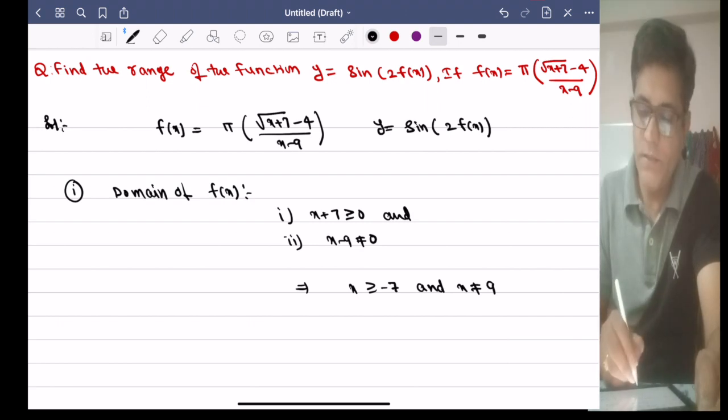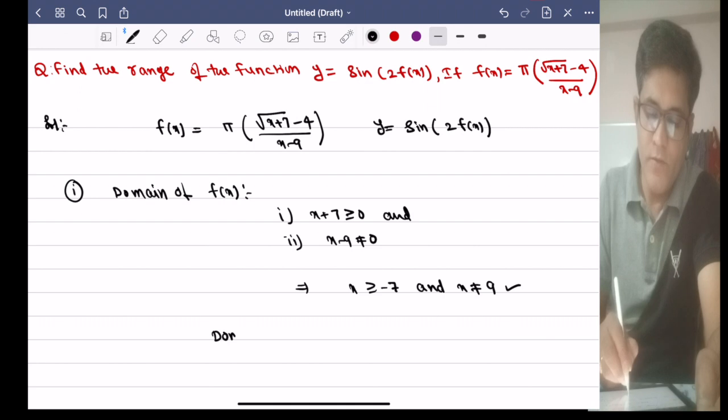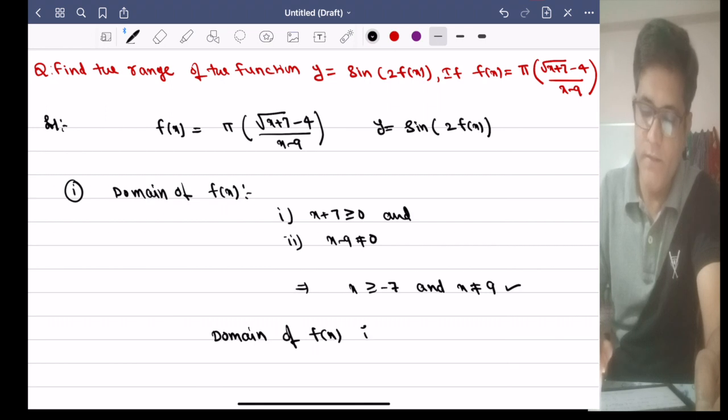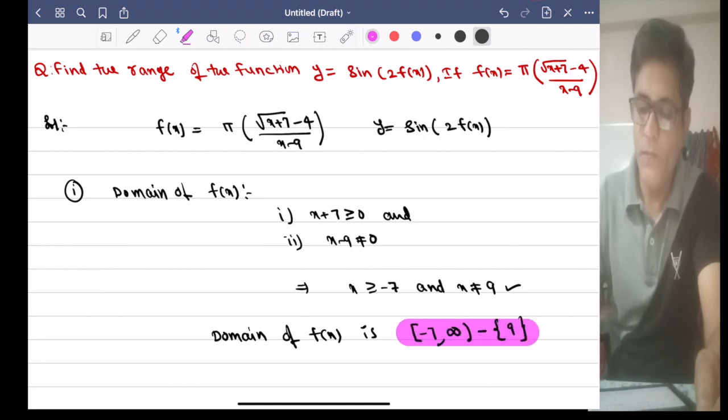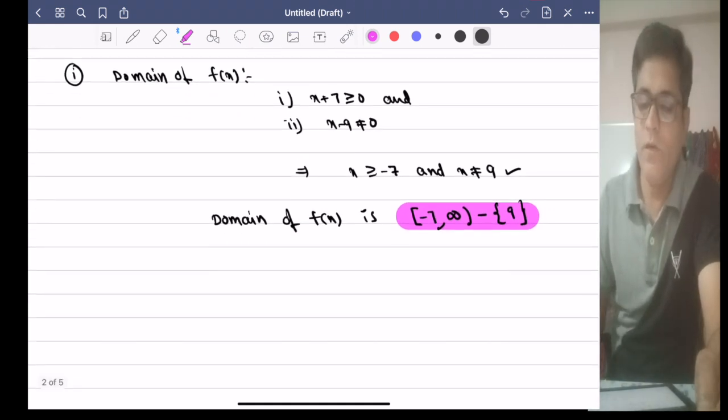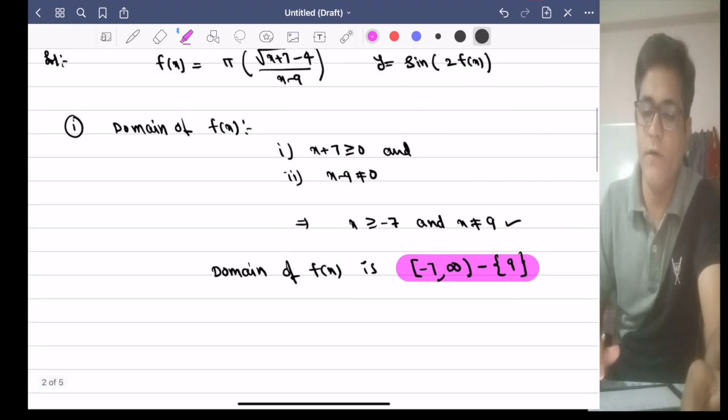From these two things we can say that the domain of f of x is closed minus 7 to infinity, except 9. So this is the domain of the given function f of x. Now in this domain we will find the range of f of x.